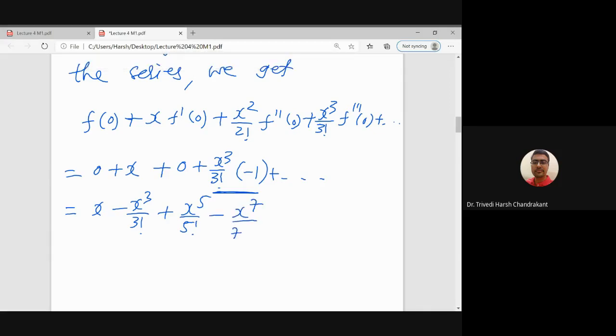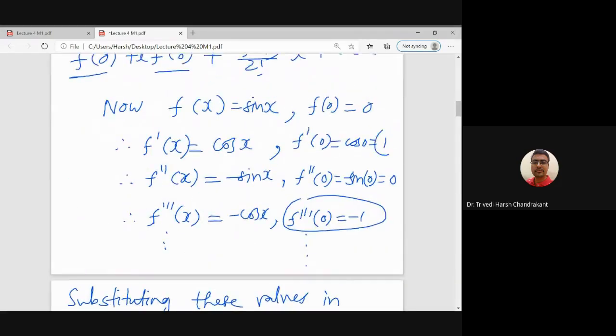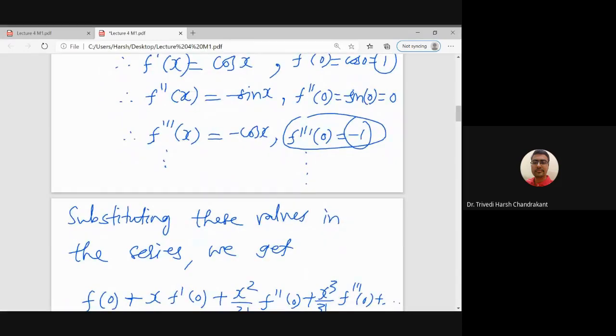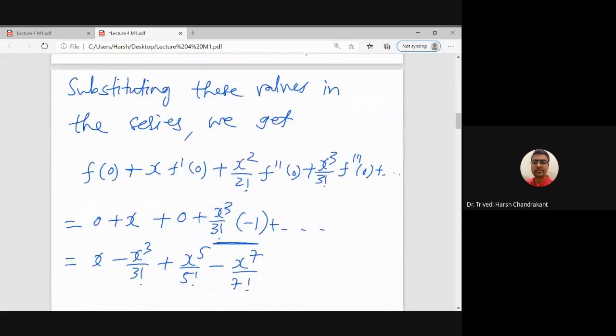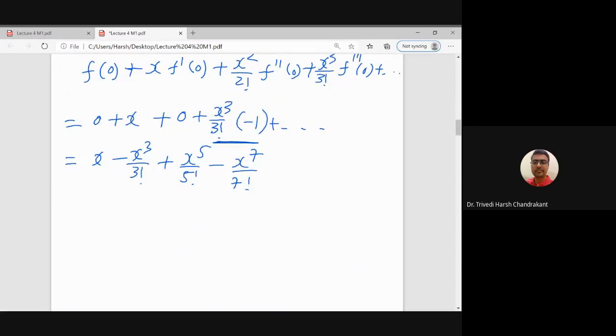So it is easy to see that these terms are changing sign alternately, because the derivative of cosine is minus sin x. So we got this series expansion which we can write in terms of summation. The general formula is summation n equal to 0 to infinity.